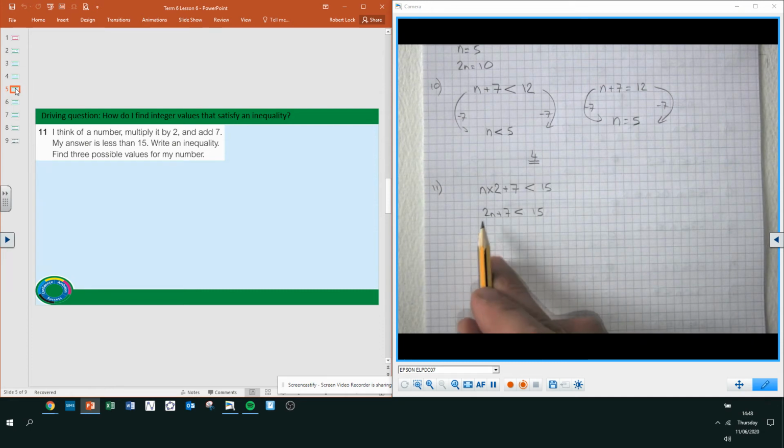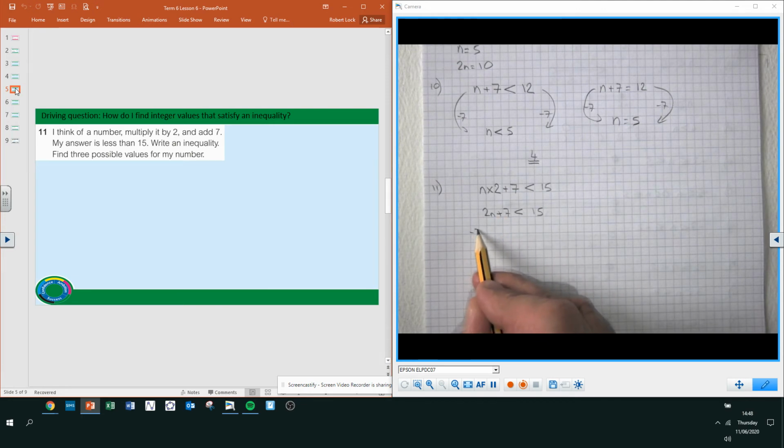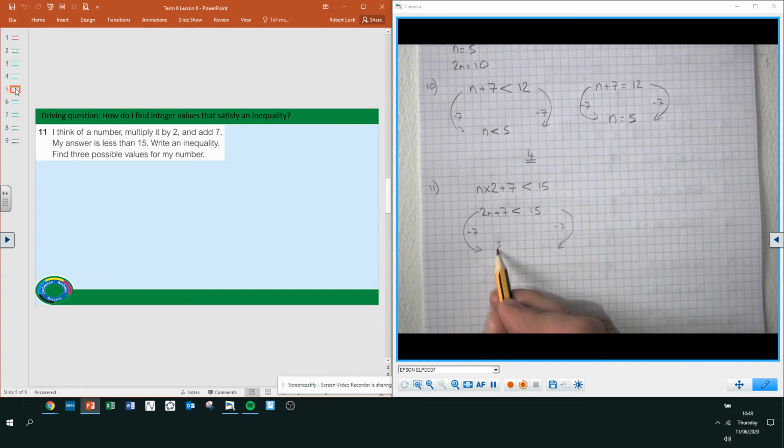So, there's my inequality. Remember, I said to keep that sign there as an equal sign, we'll end up with an equation. So, solving as we do these equations, we want to take 7 away on both sides. Take away 7 on that side, we end up with 2n. 15 take away 7 is 8. Divide by 2 both sides.